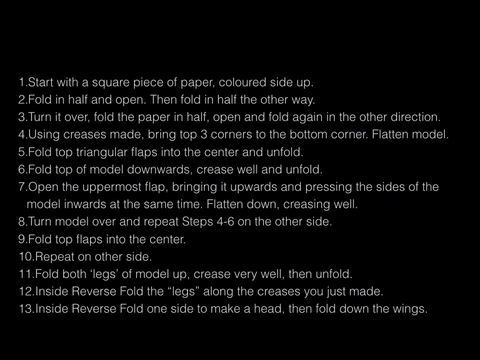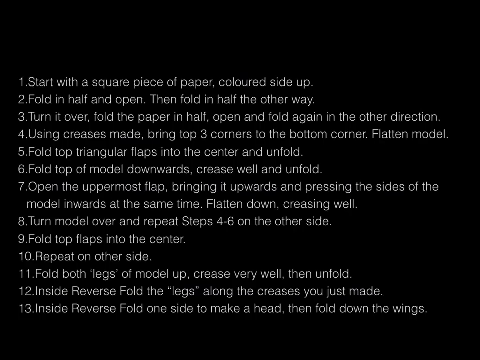What are those steps? 1. First, start with a square piece of paper, colored side up. Fold it in half and open, then fold in half the other way. 2. Turn the paper over to the white side, fold the paper in half, crease well and open, then fold again in another direction. 4.